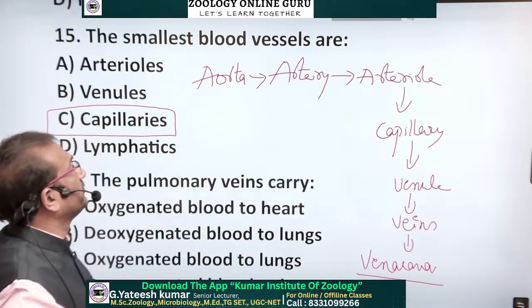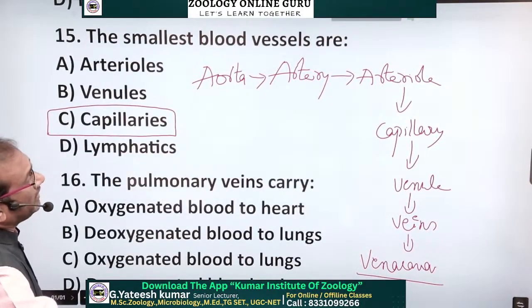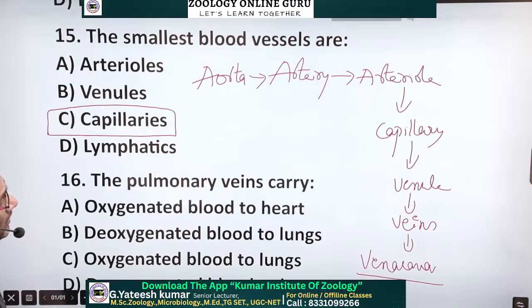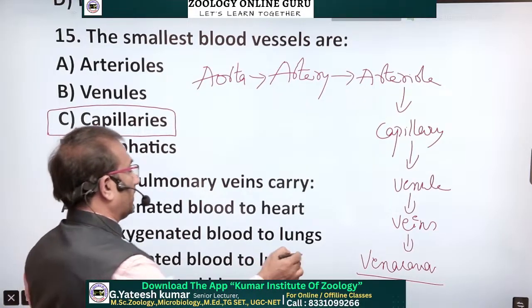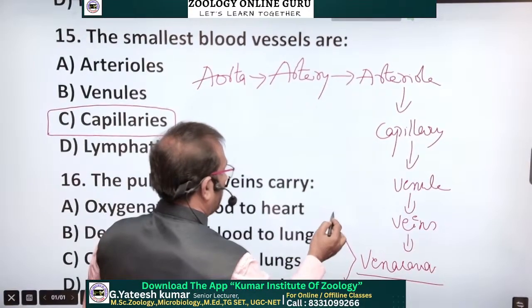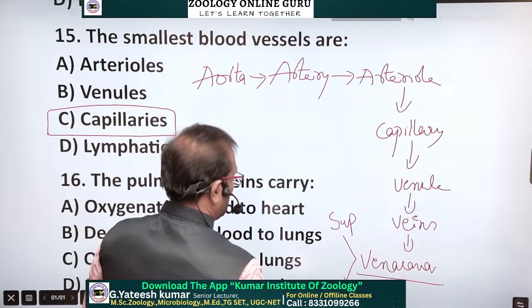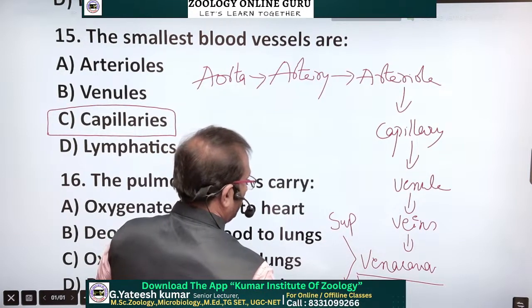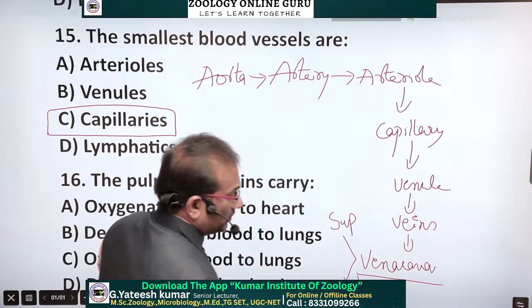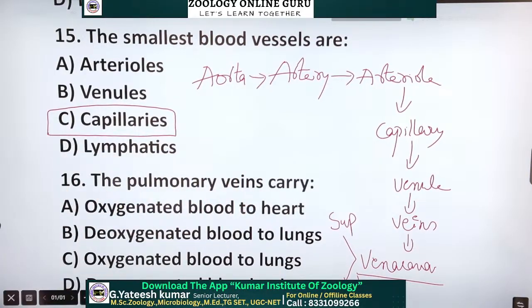So this is the system: aorta, artery, arteriole, capillary. From the capillary, venule, vein, vena cava. Vena cava is of two types: upper body part, superior vena cava; lower body parts, inferior vena cava. So both are important, inferior and superior.